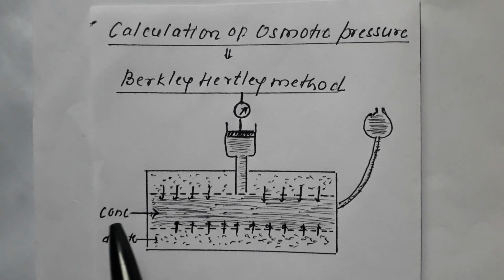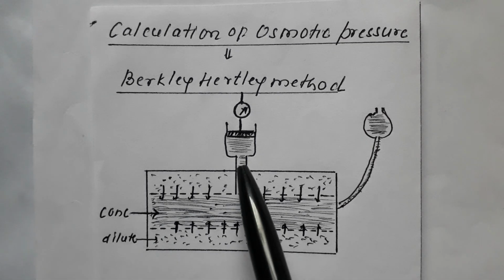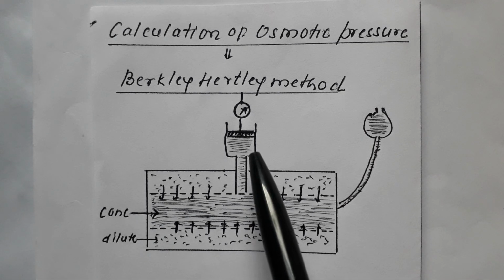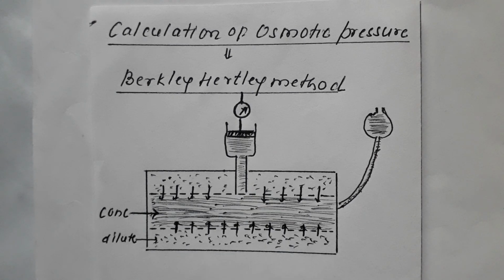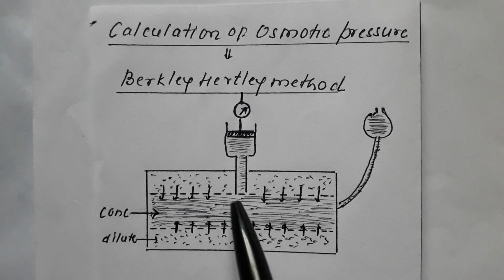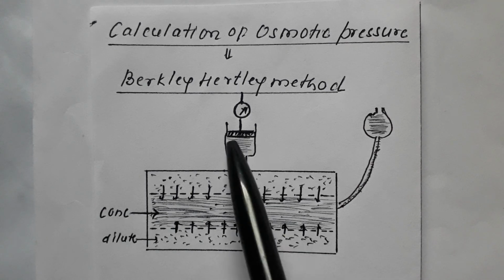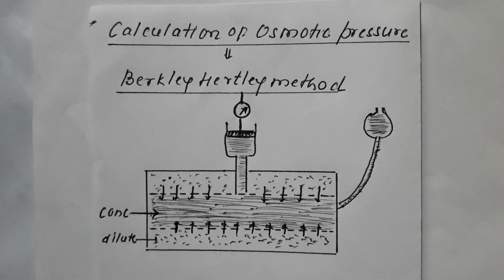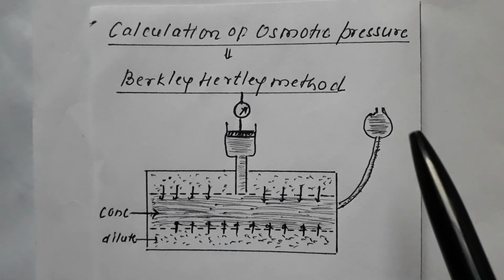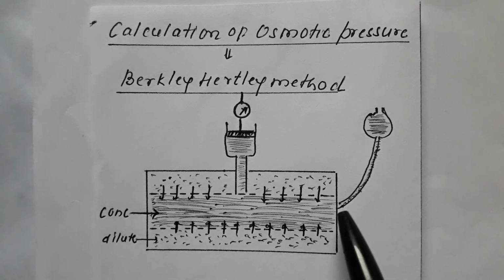The inner tank contains the concentrated solution, whereas the outer tank contains the dilute solution. The inner tank is attached to a piston, which in turn is attached to a pressure meter, and then there is a reservoir attached.